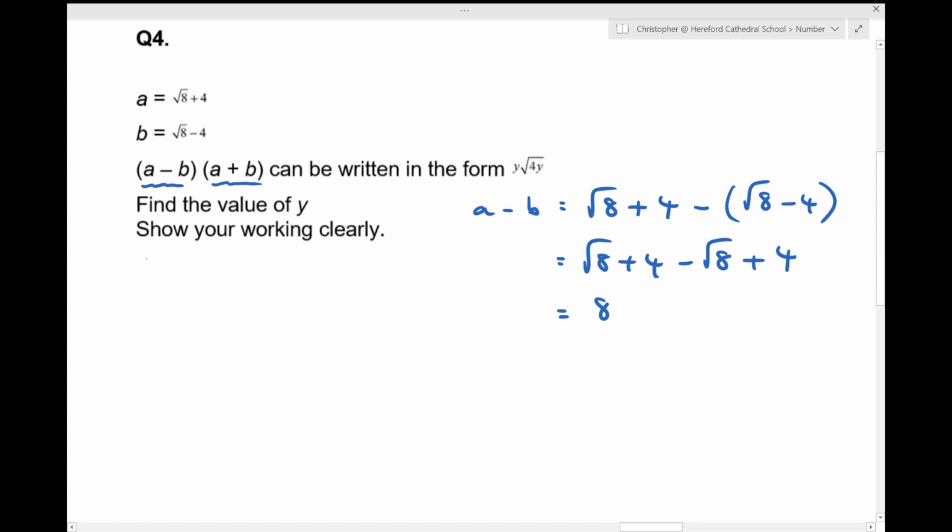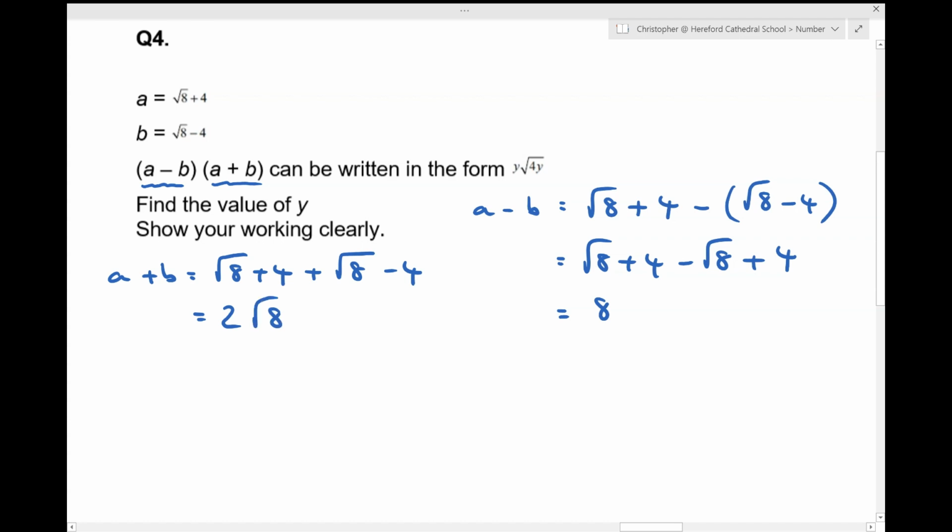And let's have a think about what a plus b would be. A plus b is a plus b, which is 2 root 8.